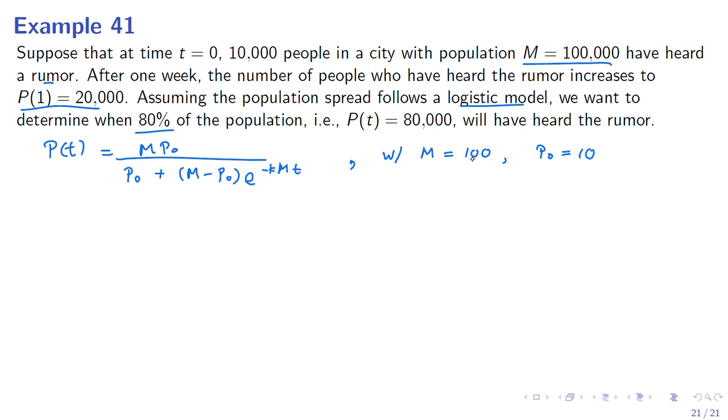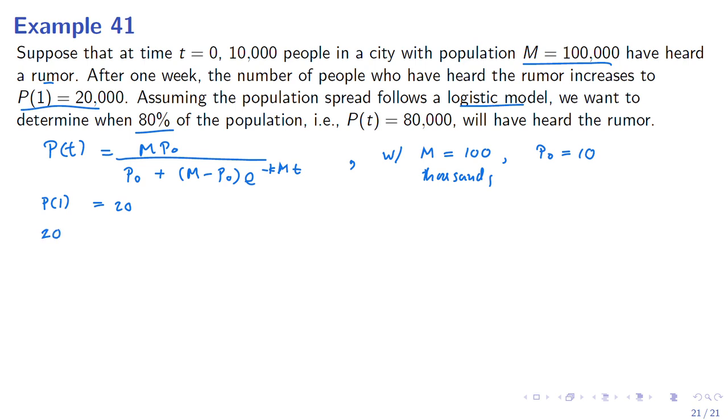So everything is in thousands. P is in thousands. So P of 1 equals 20 when we consider it in thousands.